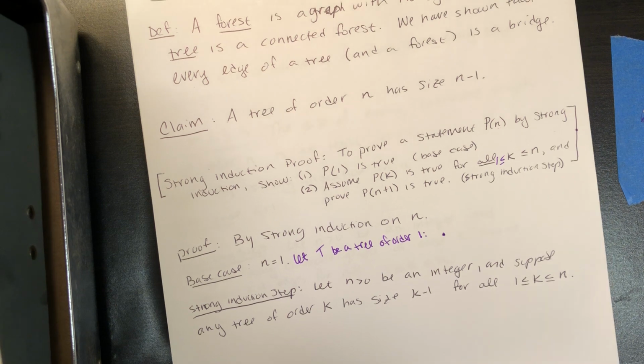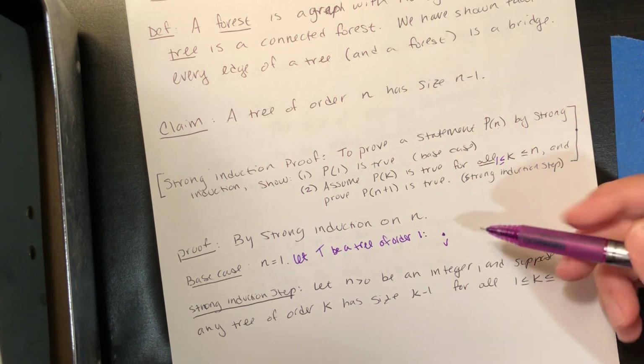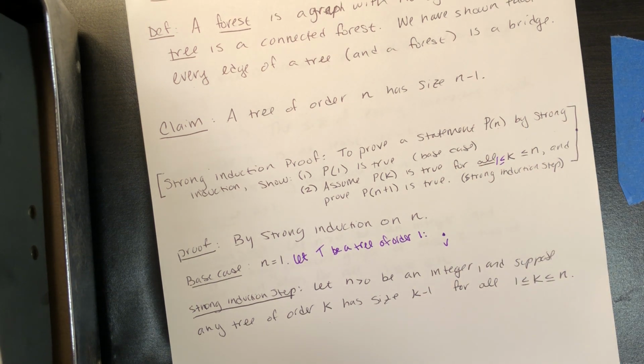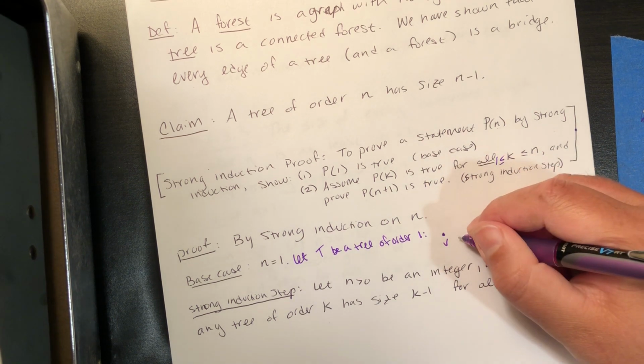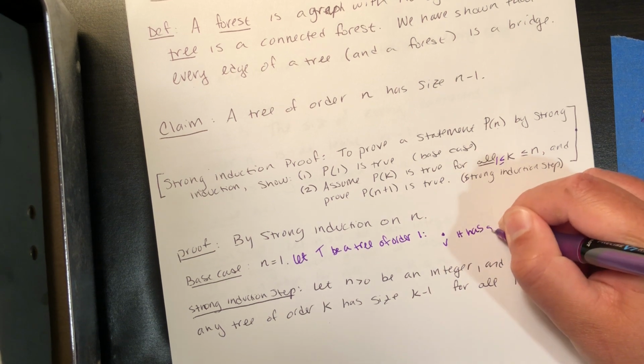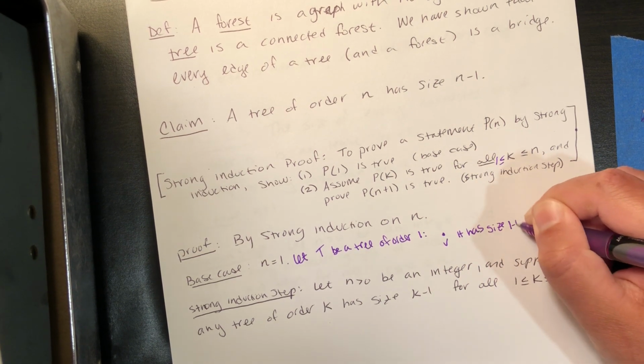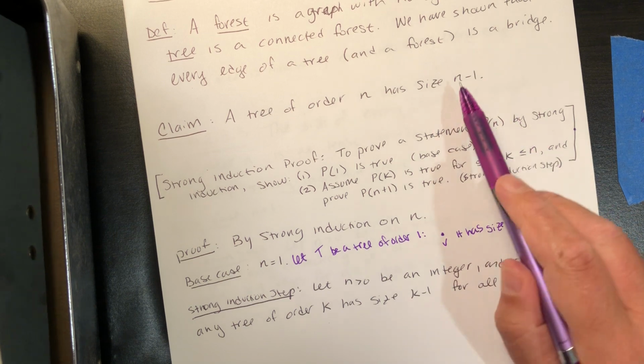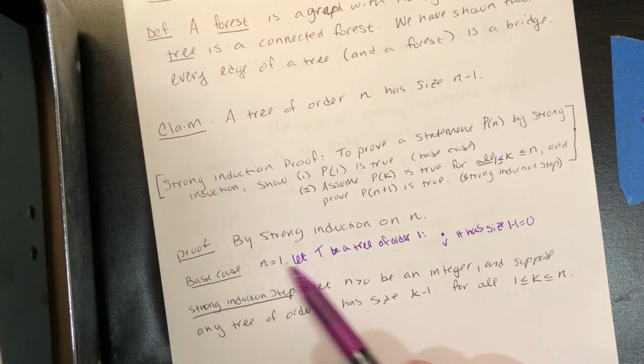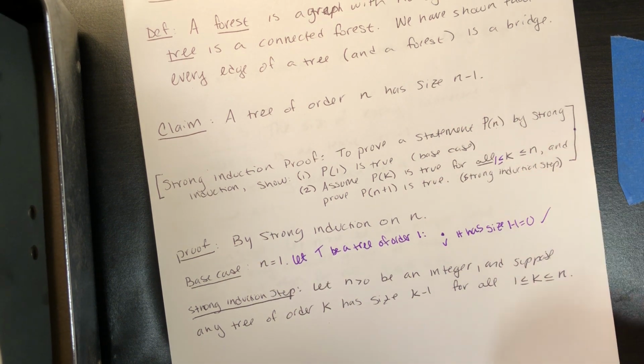That means it has one vertex, and to be a tree means it's connected and it has no cycles. So you couldn't have any loops or anything, there's no cycles here, and so it can't possibly have any edges. It has size 1 minus 1, which is 0. So we've proven that the statement is true when n is equal to 1. So we've proven the base case.